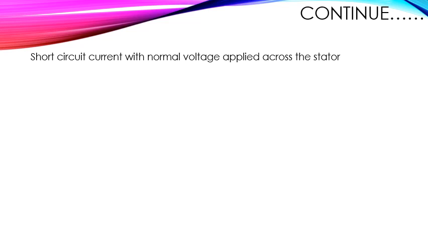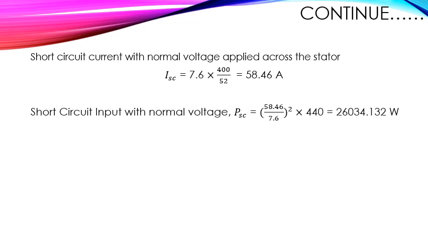Now the short circuit current with normal voltage applied across the stator can be calculated as ISC equals the short circuit current 7.6 multiplied by the ratio of no load voltage to short circuit voltage, that is 400 by 52, and that is the short circuit current with normal voltage, and it is 58.46 amperes, right?